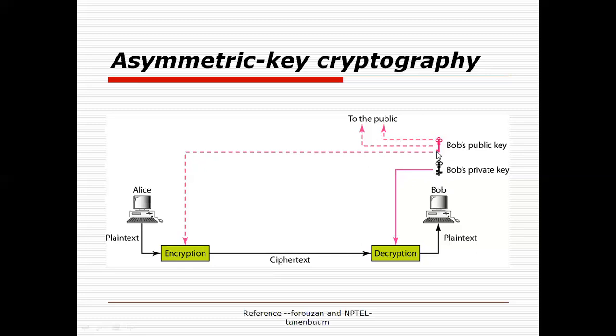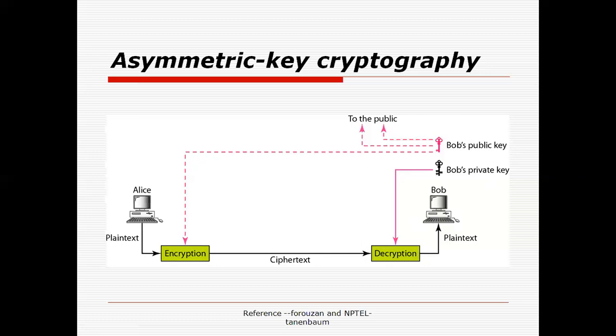Now there are several methods through which Bob can publicly send or define his public key. Along with this private key, Bob will decrypt it. Now if data is encrypted with the public key, then that data can only be decrypted with this private key, and the private key is only known to Bob. It means this communication is secure.